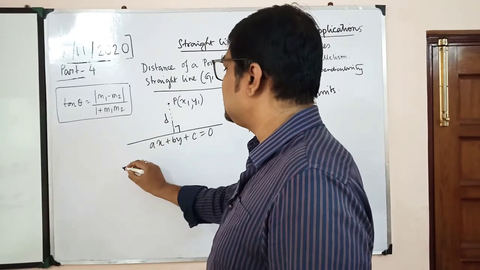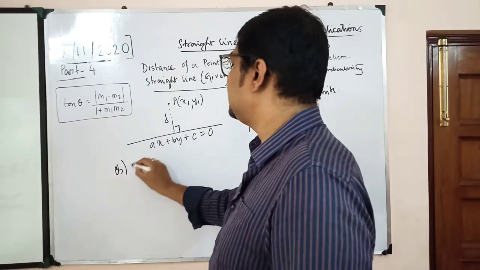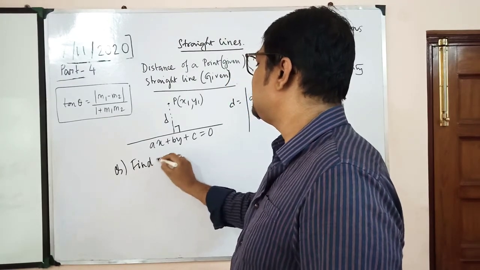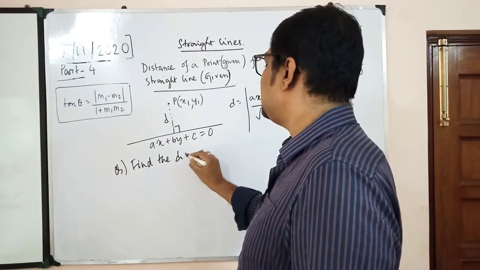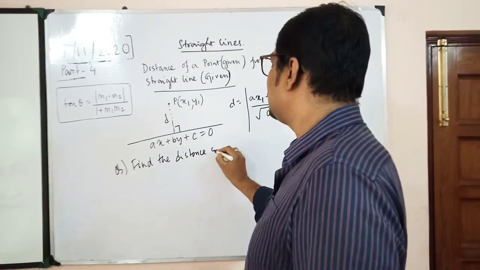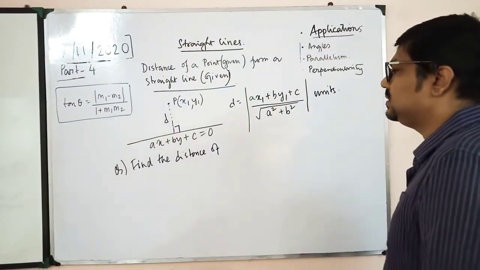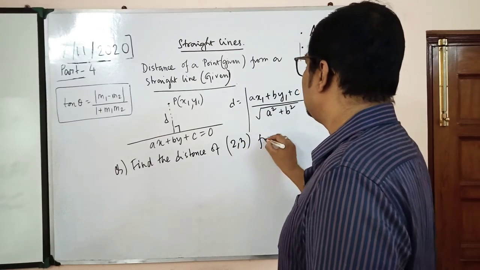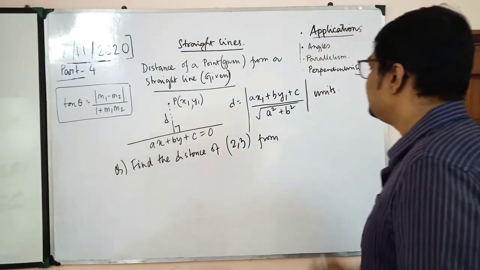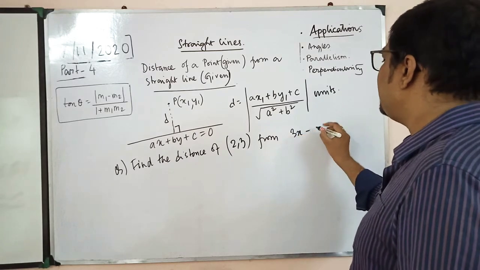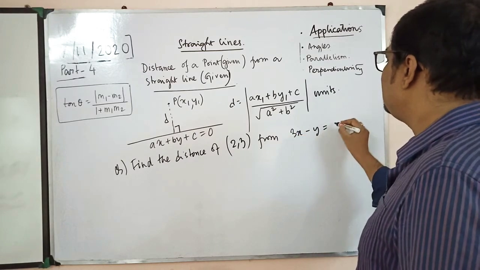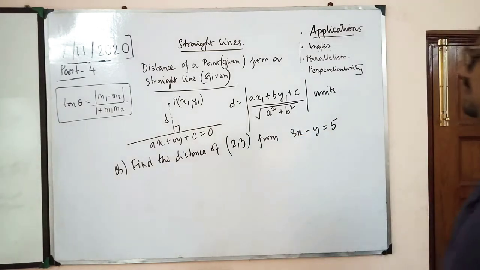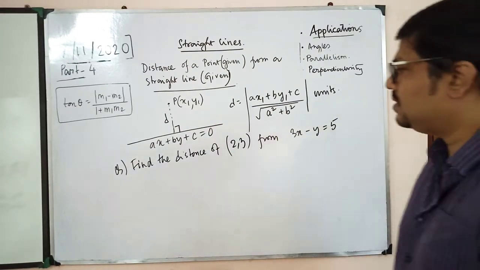A short sum may be something like, find the distance of the point (2, 3) from the line 3x minus y equals to 5. Okay. So what we need to do?